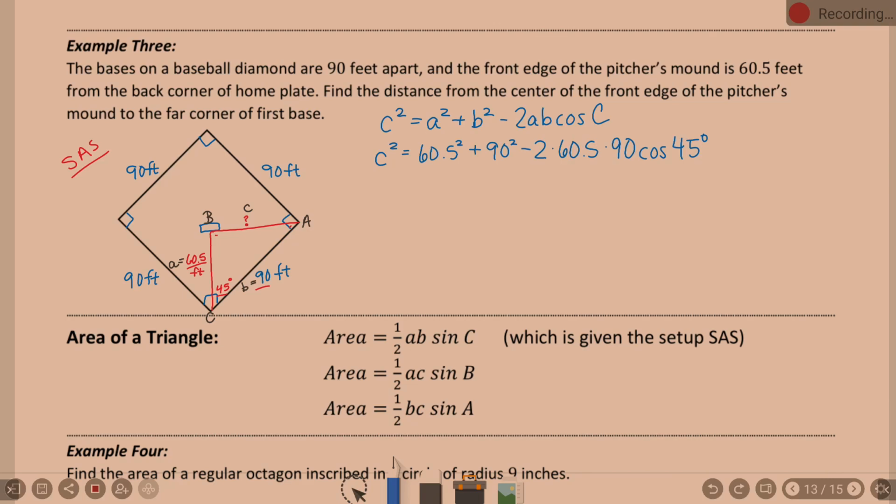I'm always going to argue better is to do some cleanup along the way, but I go ahead and plug in 60.5 squared plus 90 squared minus 2 times 60.5 times 90 times cosine of 45.